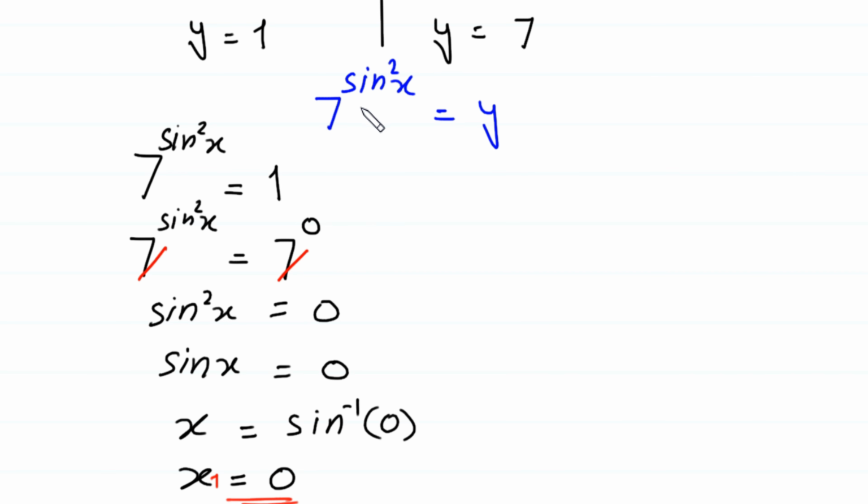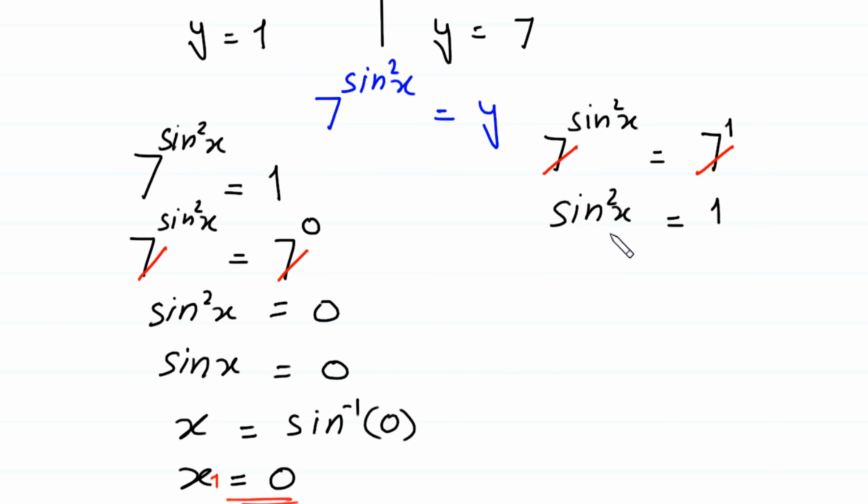Now in this equation we put this value of y, 7. 7 to the power sine square x is equal to 7, and this 7 has power 1 here, and base is same at both sides, so this 7 will be cancelled with this 7, and here left sine square x is equal to 1.